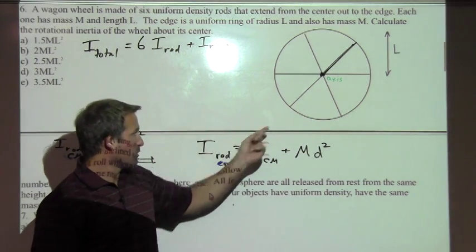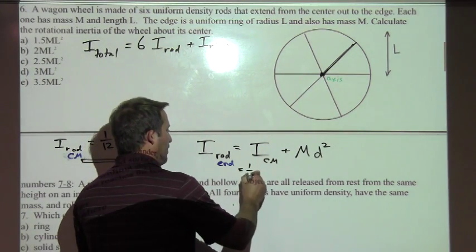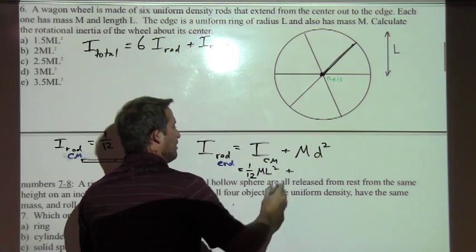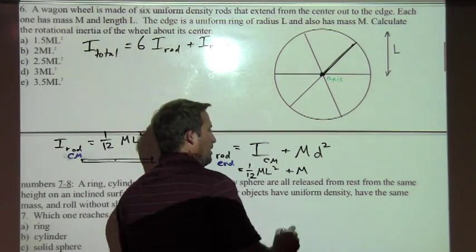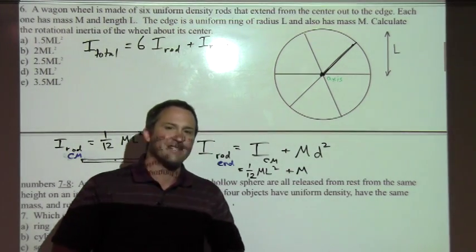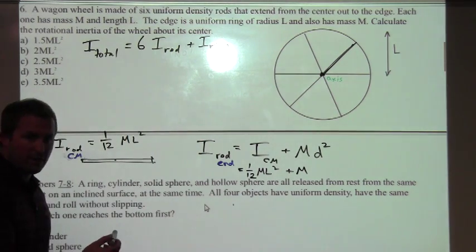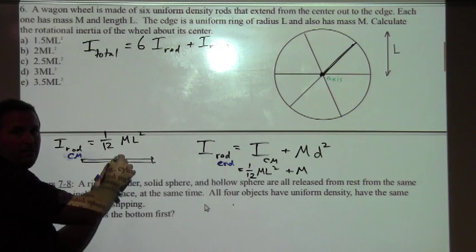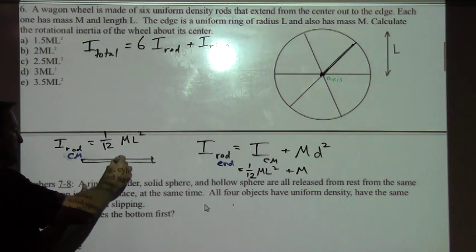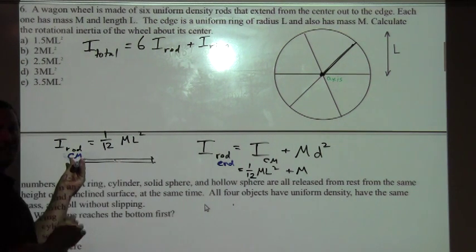So what we want is the rotational inertia of this one rod around the end point, and so we're going to take the 1/12 ml squared, and this is the mass of our object, which is mass m. Now what does D represent? D represents the distance that we're shifting this parallel axis. We start off by having the rotational inertia about an axis that goes through the center of the rod. Now I want to find the rotational inertia about an axis that goes through the end point of the rod, so I need to shift it by that distance.